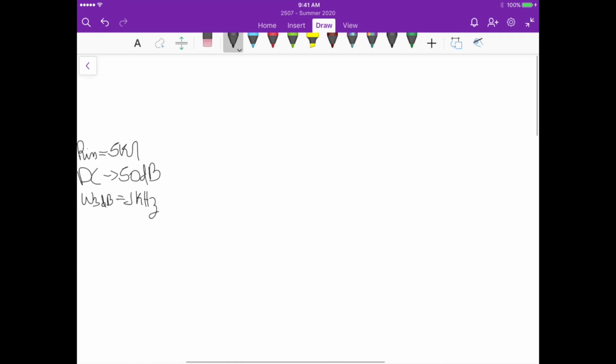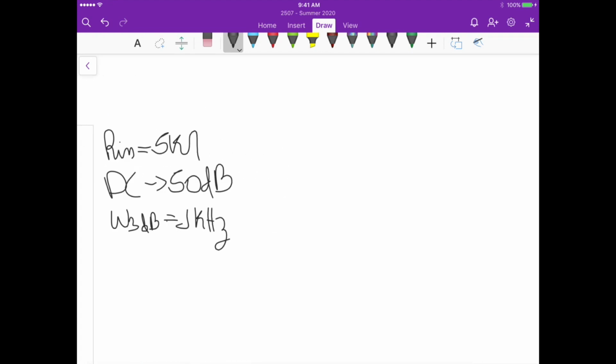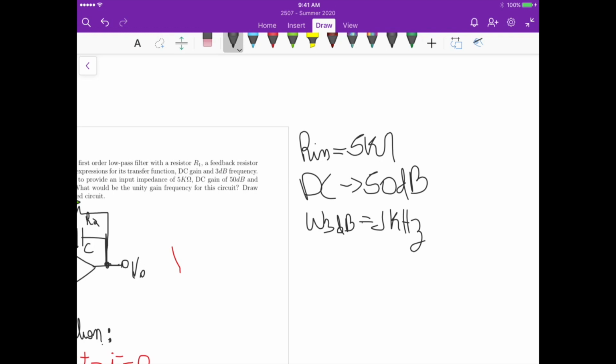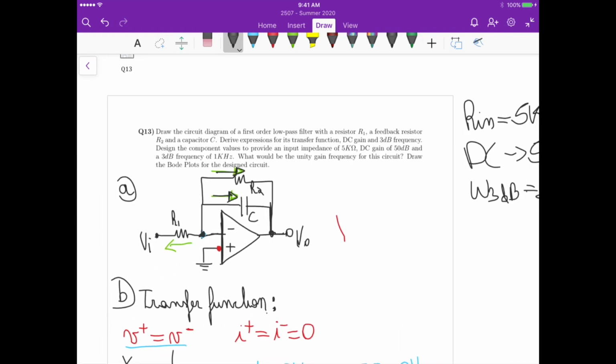Okay, so using all the equations that we derived on part C, D, and using the knowledge of the input resistance of this circuit, we can define the values that we need for R1, R2, and C. So first, the input resistance.